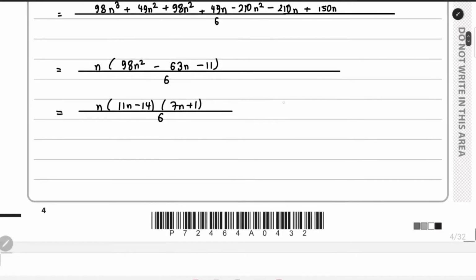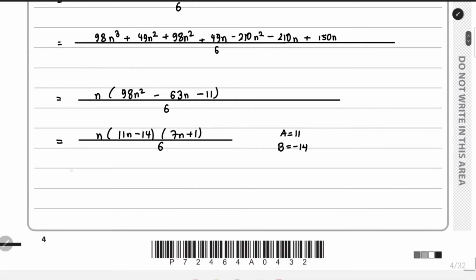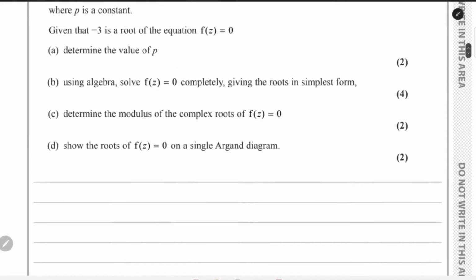Here the value of a is 11, the value of b is minus 14. If you want, you can write it in the format they wrote it in. So n by 6 times 7n plus 1 times 11n minus 14.